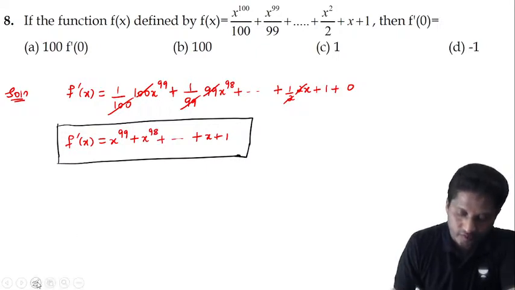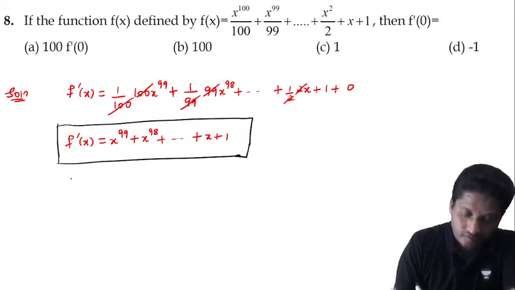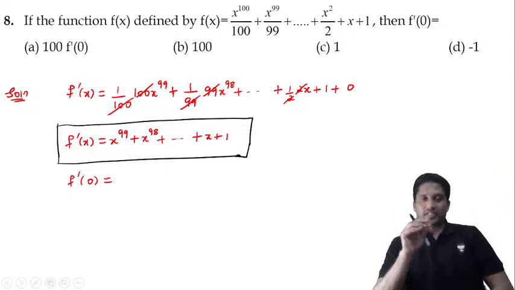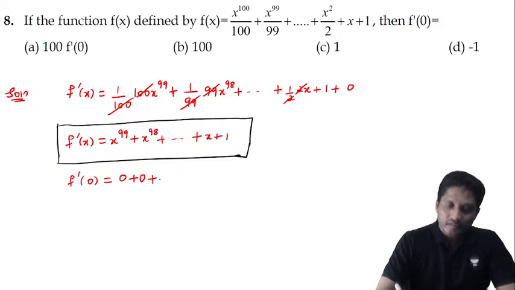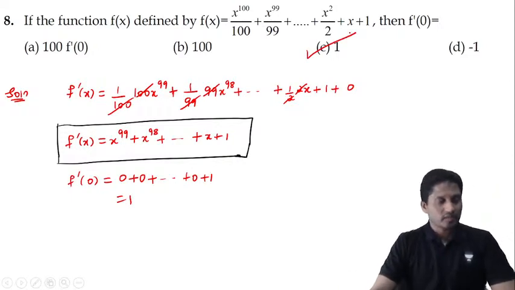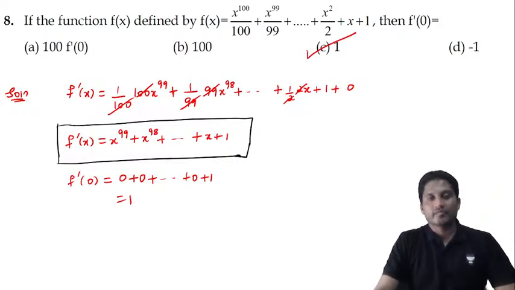We are supposed to find the value of f dash of 0. Now f dash of 0 is obtained by placing x as 0. You will get 0 plus 0, and so on up to 0, plus 1. So the answer will be equal to plus 1. Now let's move to the next question.